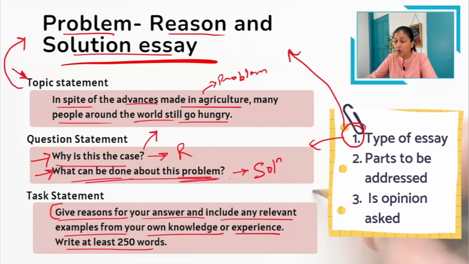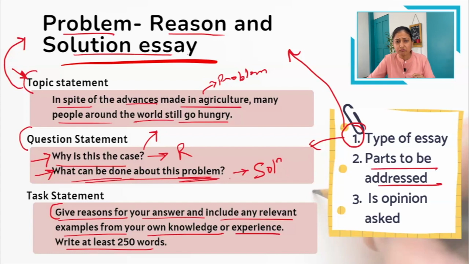For now, what are we supposed to do? We have to identify how many parts are there which you are supposed to address, for which we will consider the topic statement as well as the question statement. So how many parts are there which you are supposed to address? So there is a problem.